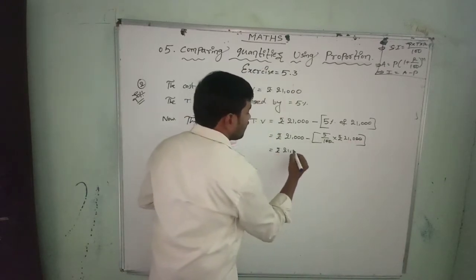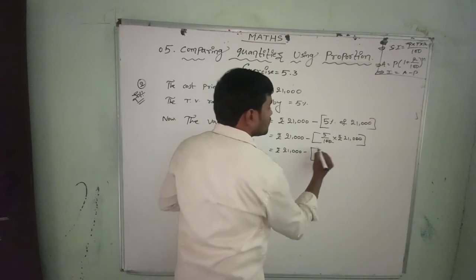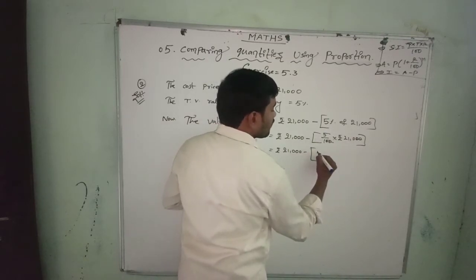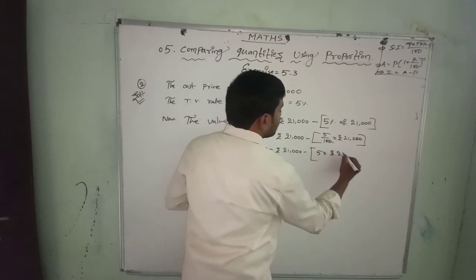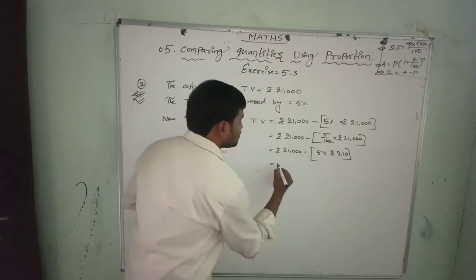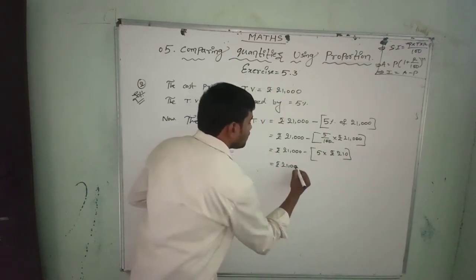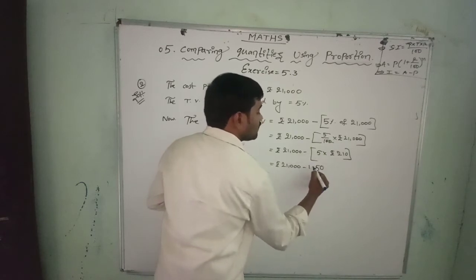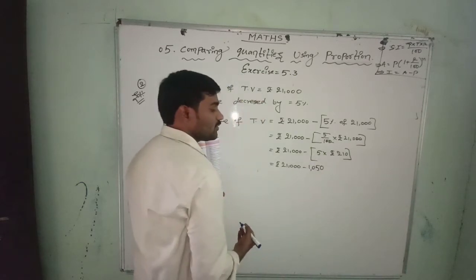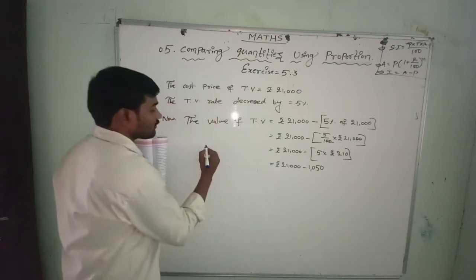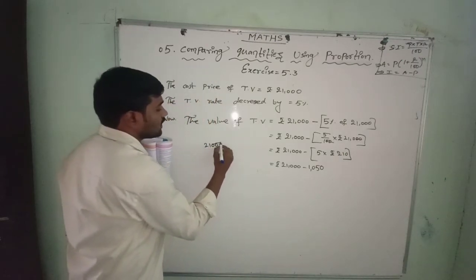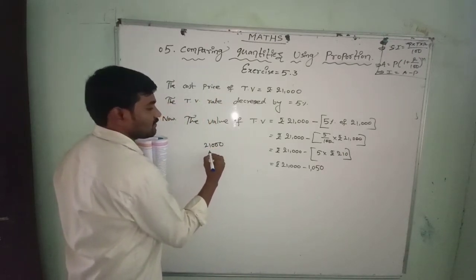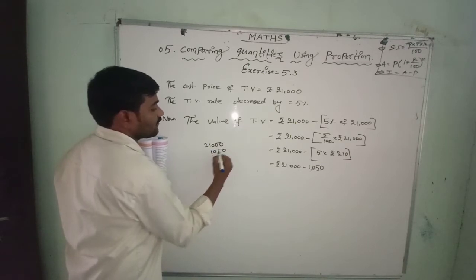Rupees 21,000 minus 5 into rupees 210. That is, 5 zeros are 0, 5 ones are 5, 5 twos are 10. That is 1,050 rupees was decreased. So here 21,000 minus 1,050 rupees.